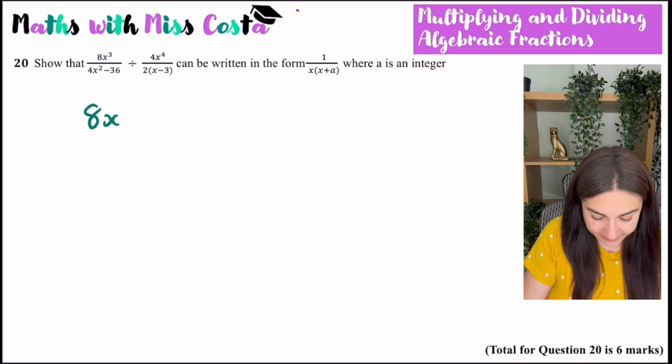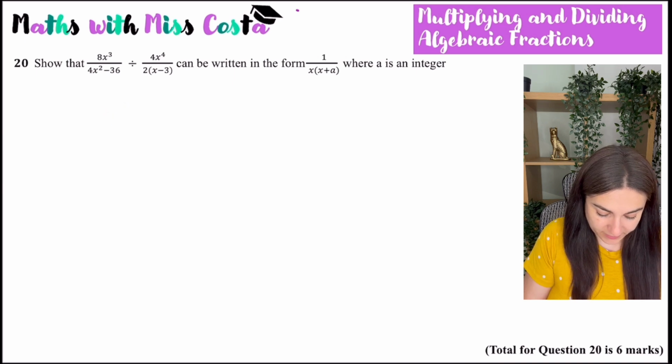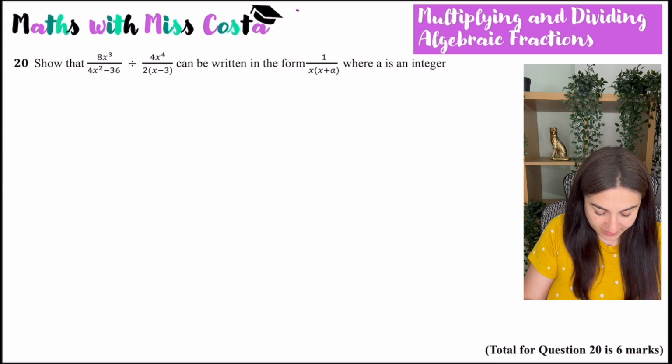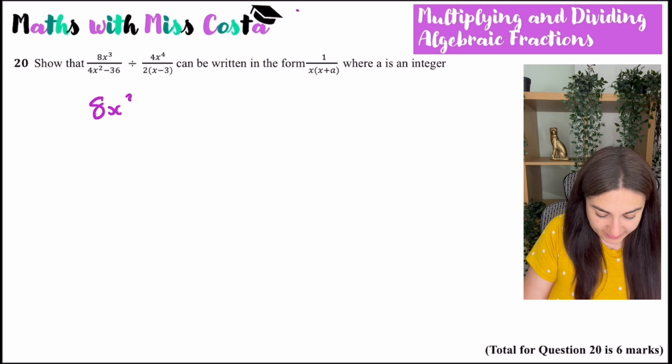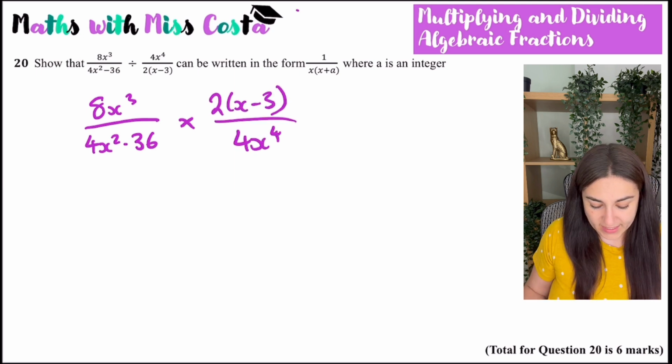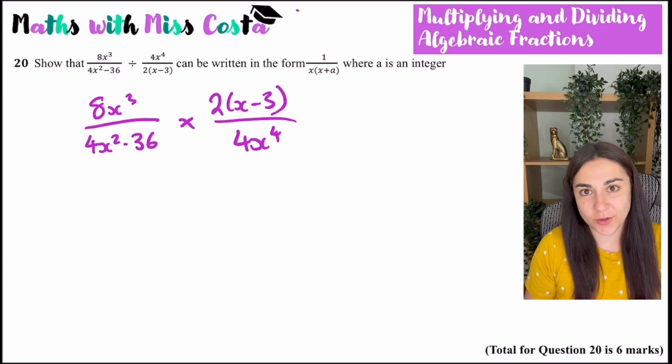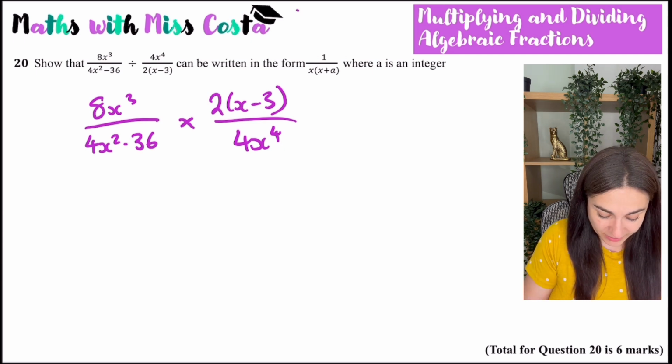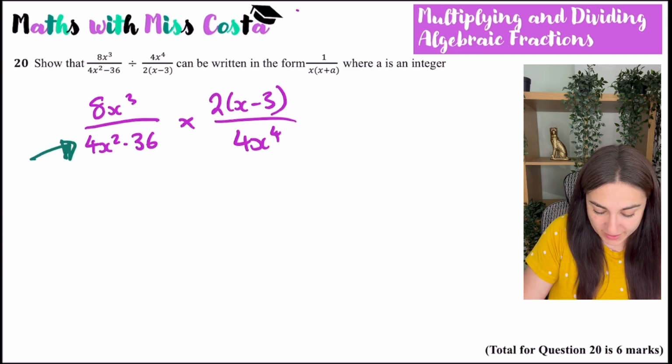So 8x cubed, oh, this should be pink because it's a pink thing. So 8x cubed divided by 4x squared minus 36 times 2x minus 3 over 4x to the power of 4. Now, hopefully you're getting good at spotting the difference of two squares.